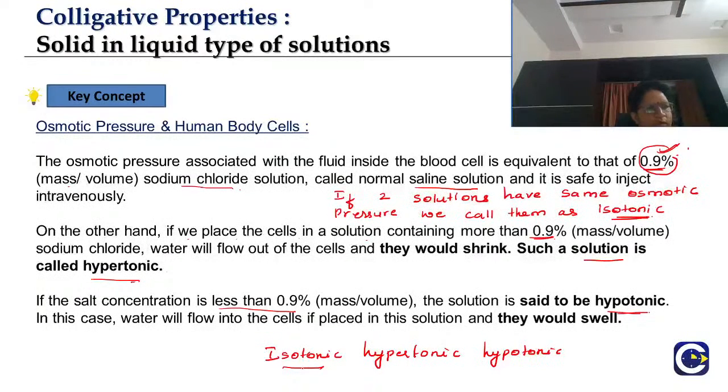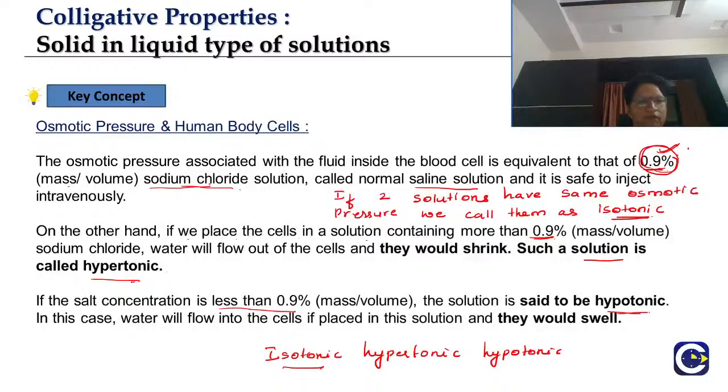When we go to hospital, they give us intravenous saline. The osmotic pressure of the saline is the same as our blood's osmotic pressure. What saline is given? 0.9% mass by volume sodium chloride, which is called saline water. The osmotic pressure of saline water and our blood is the same.